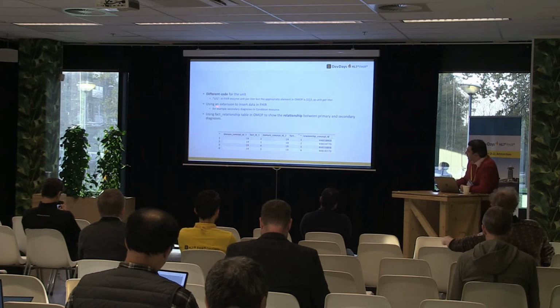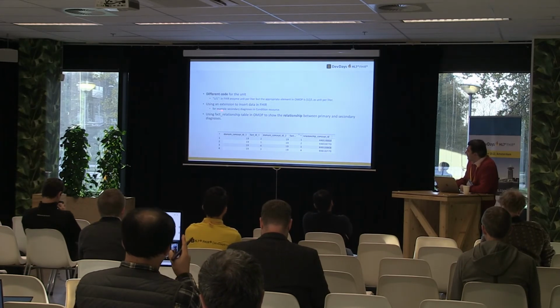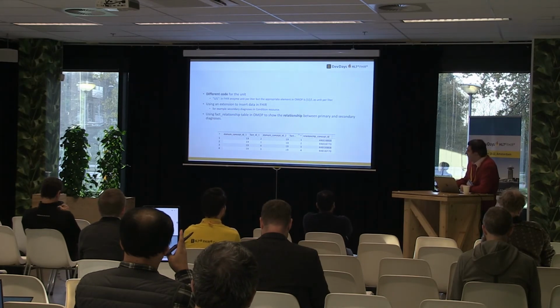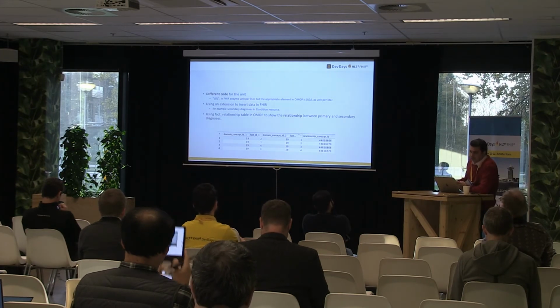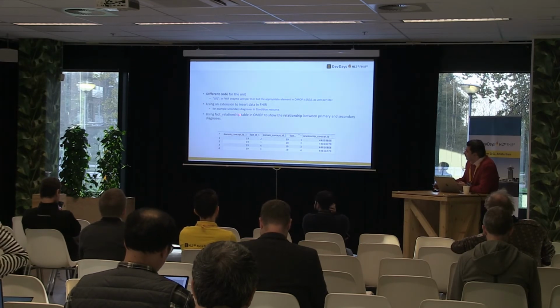The last significant problem in this mapping was secondary diagnosis. As I said earlier, in German data, we have secondary and primary diagnosis. For this purpose, we created an extension.